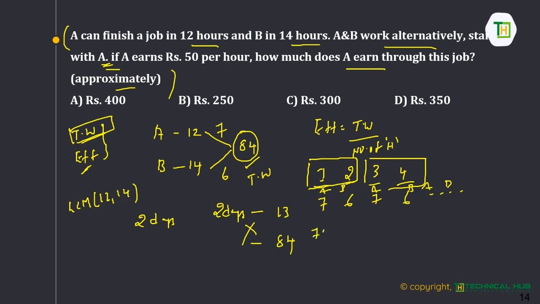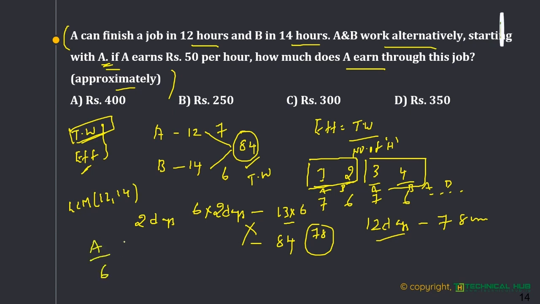I think 78. So 78 is exactly divisible by 13, which is 13 into 6. So we also have to multiply the 2 hours by 6, so it means 12 hours. So they complete 78 units in 12 hours. It means out of 12 hours, A worked 6 hours and B worked 6 hours.